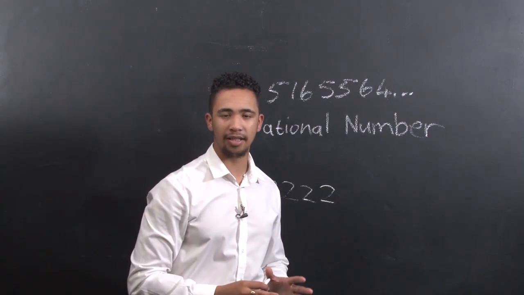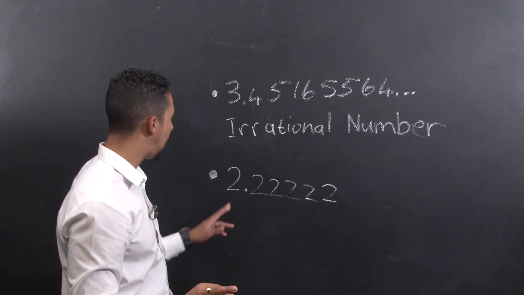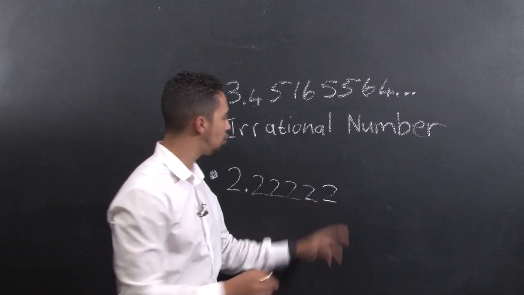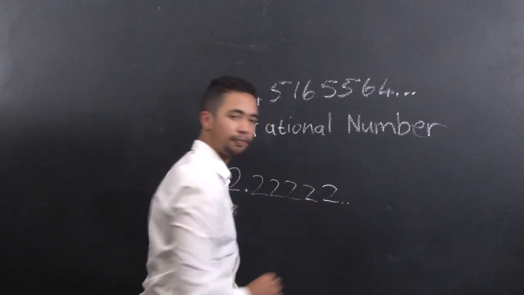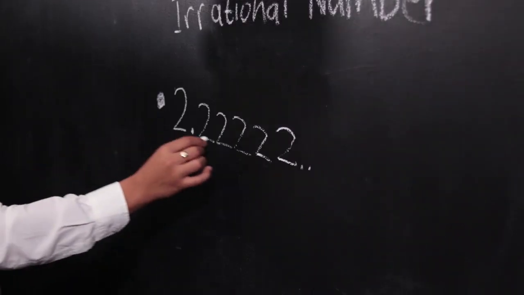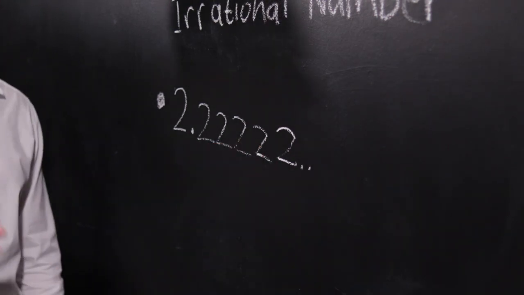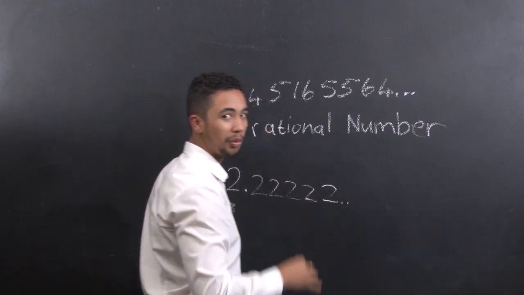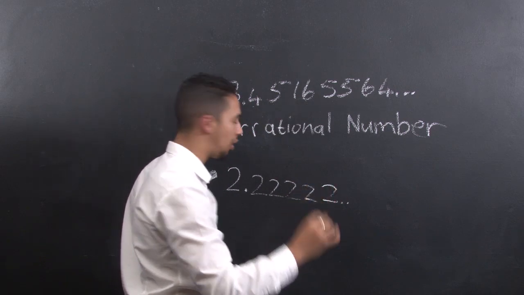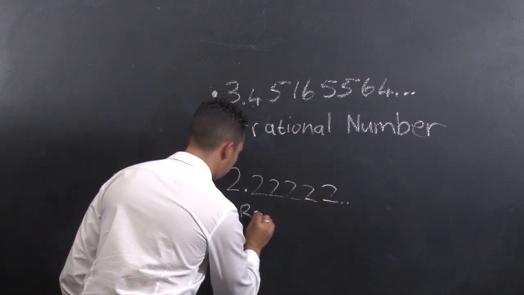On the other hand, in our next example, we have 2.222222, and it goes on. Here we have a sequence, 2, 2, 2, 2, 2, and most likely it will go on, 2, 2, 2, it will recur. This we regard as rational numbers.